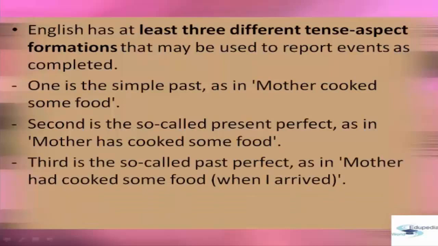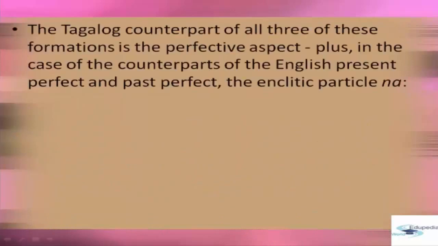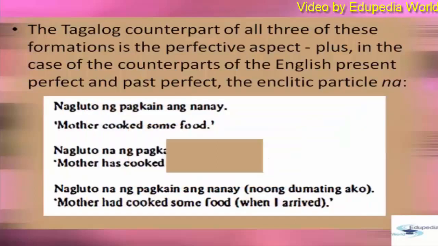Third is the so-called past perfect, which is mother had cooked some food when I arrived. The Tagalog counterpart of all three of these formations is the perfective aspect, plus, in the case of the counterparts of the English present perfect and past perfect, the enclitic particle na.